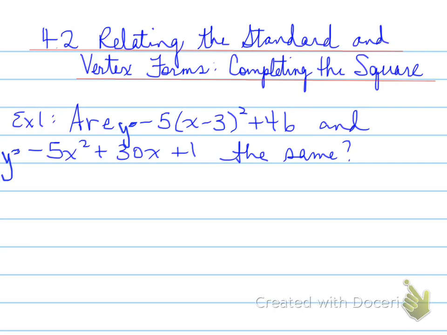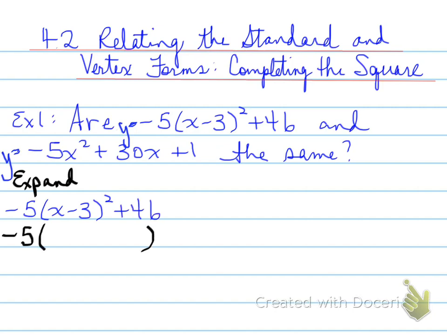Well, let's find out. Looking at the first one, we need to expand that very first equation right here. So instead of the y equals, we'll just write negative 5 times (x minus 3) squared plus 46, and we want to expand that square.